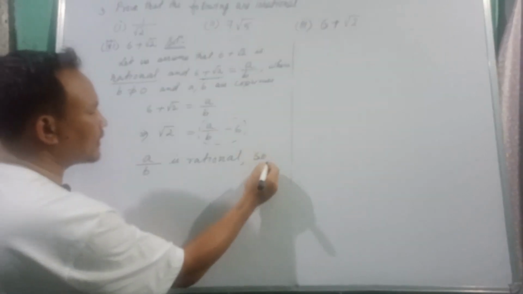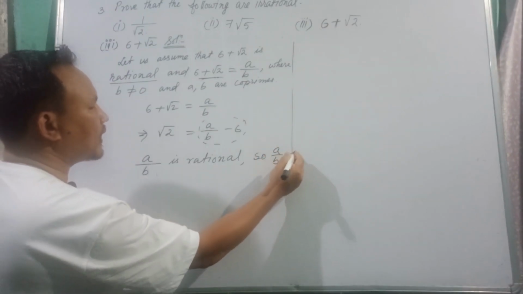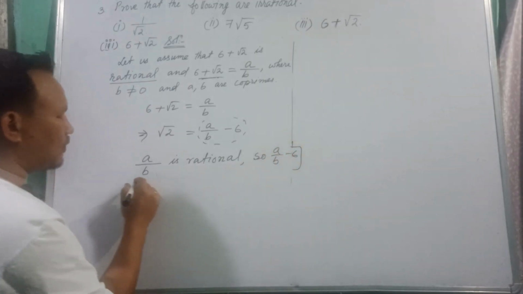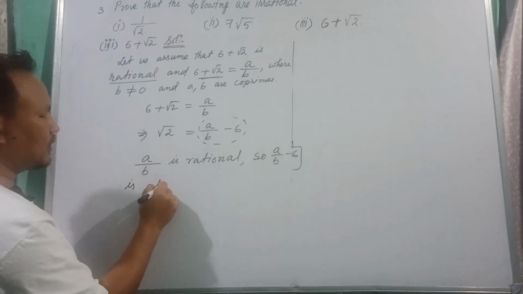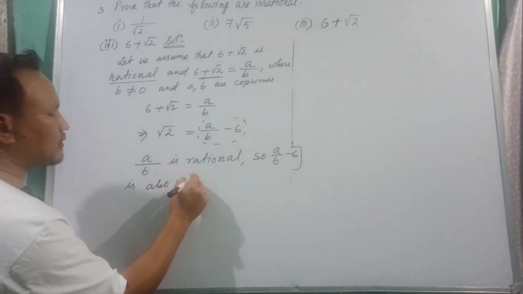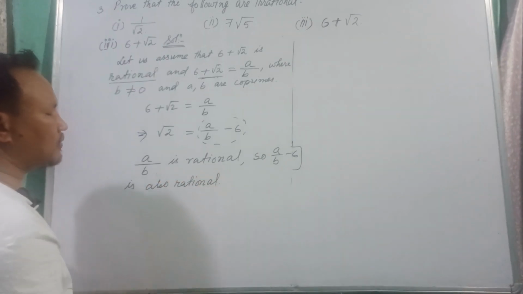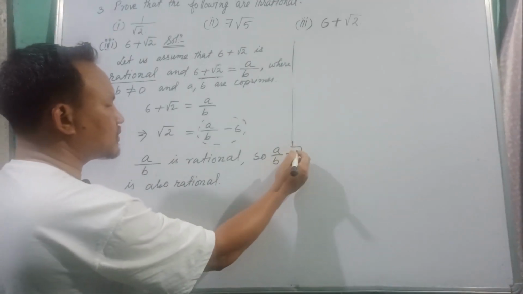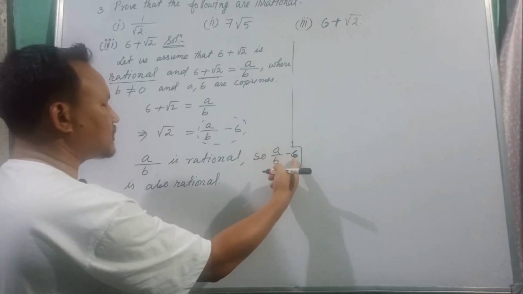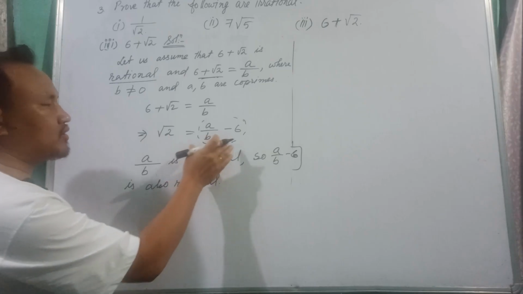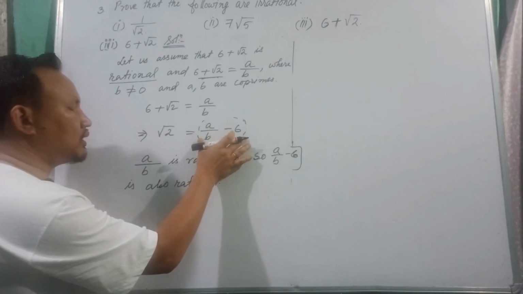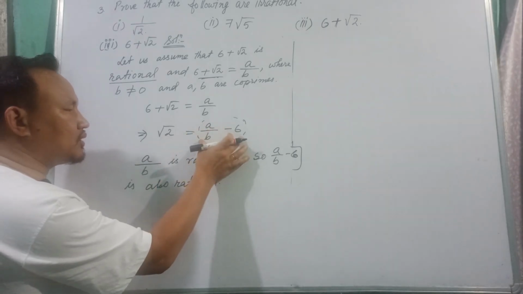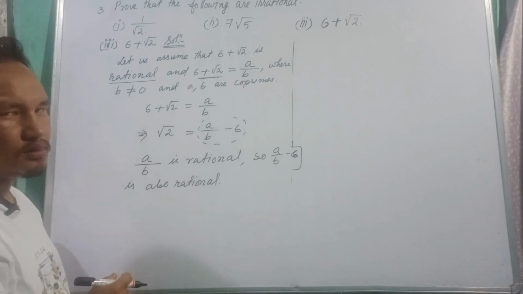So we can write that a by b minus 6 is also rational. Since 6 is also a rational number, a by b minus a rational number is a rational number. That means this entire term on the right hand side is a rational number. And if you look here, there is an equal symbol. That means whatever is the right side is equal to the left hand side.